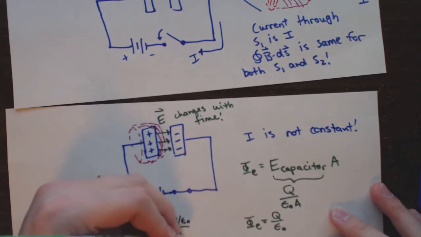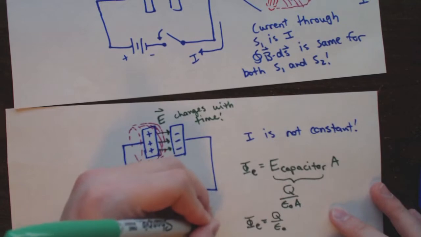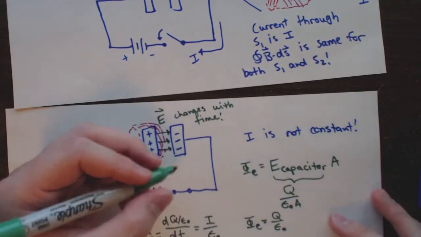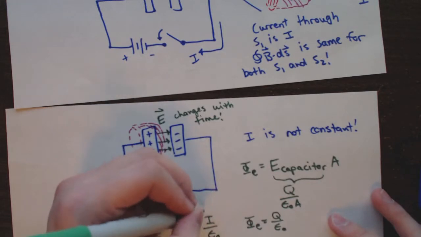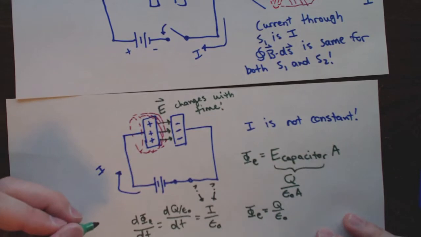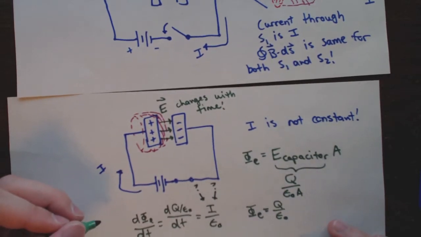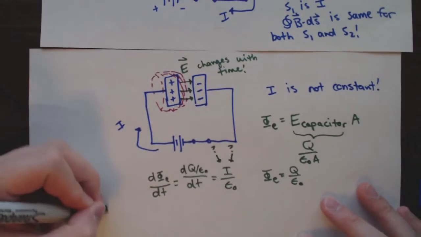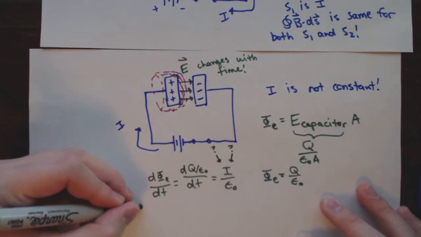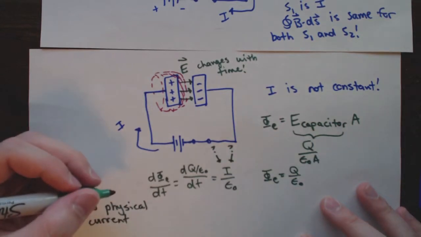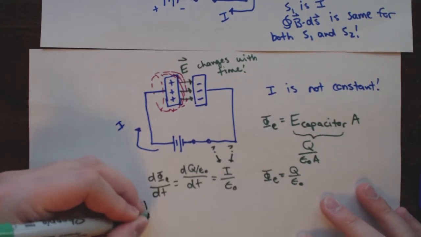And that charge is, of course, dependent on the current. So to relate that, if you look at the rate of change of the flux, that's how you get the rate of change of your charge, which is essentially your current. So the rate of change of your electric flux is equal to your current divided by the permittivity of free space. Remember, the current is not constant.